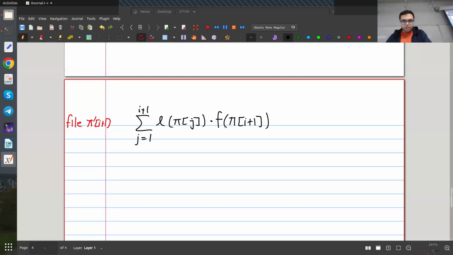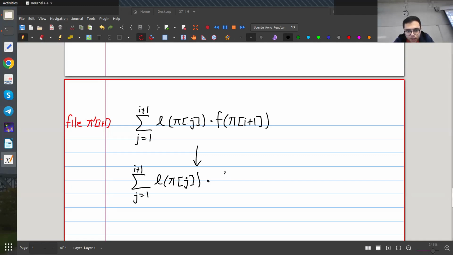Now, how did this change? I used to have file i before file i plus 1, but now I don't have it. So it changed to the same sum, j from 1 to i plus 1 of the length of P prime of j times f of P prime of i plus 1.